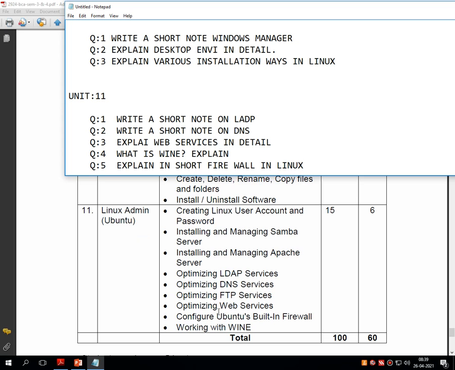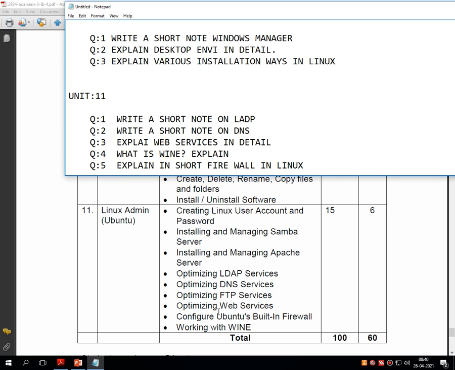So as per my knowledge and review, these are the important questions as per the prescribed syllabus of Saurashtra University. These are just important questions. That doesn't mean in examination all the questions will be covered.